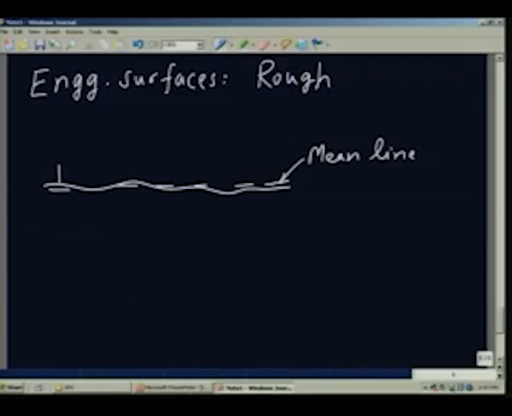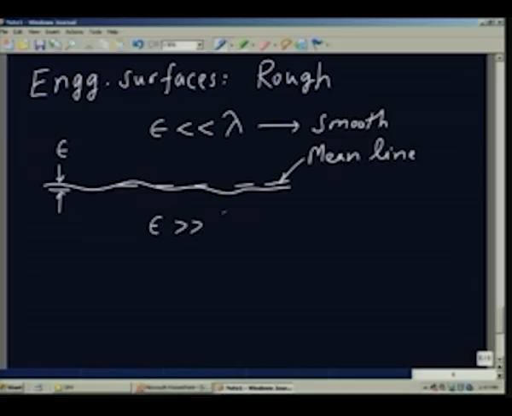These undulations, let us say I will call it epsilon. If epsilon is much smaller than the wavelength lambda, we call it a smooth surface. If epsilon is very large compared to lambda, it becomes a rough surface.